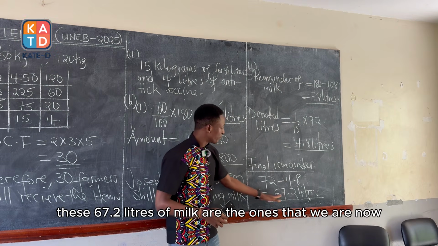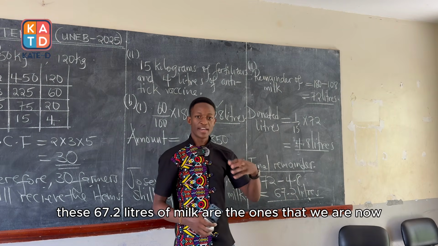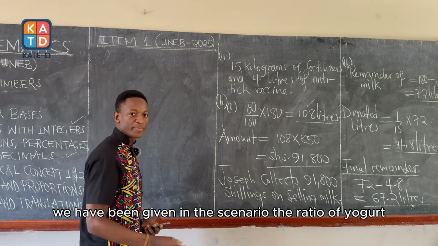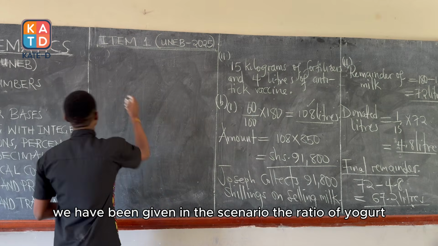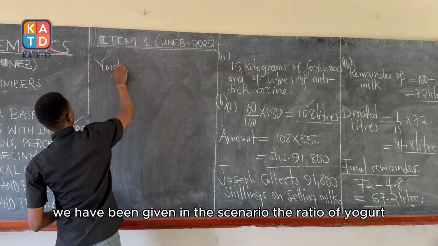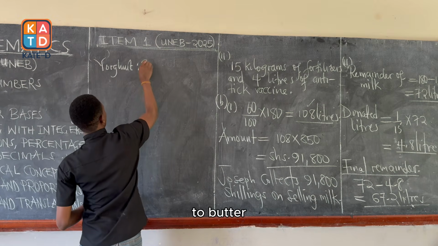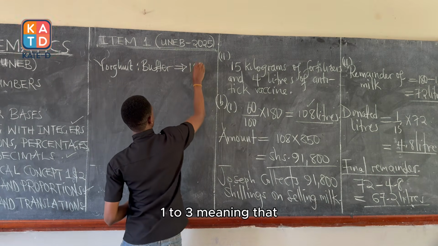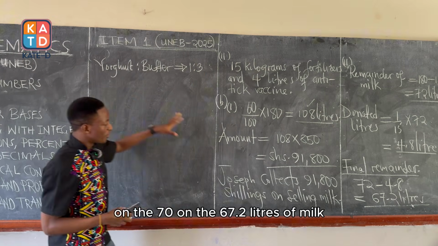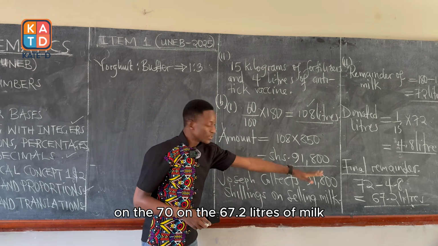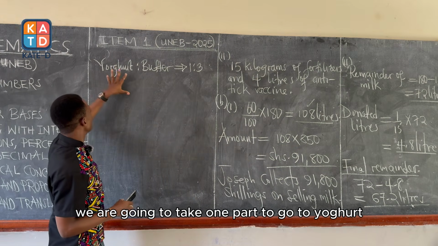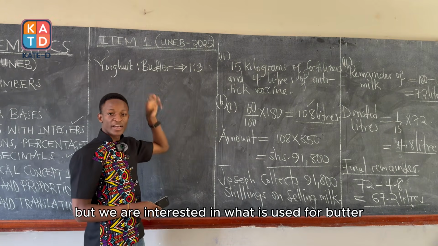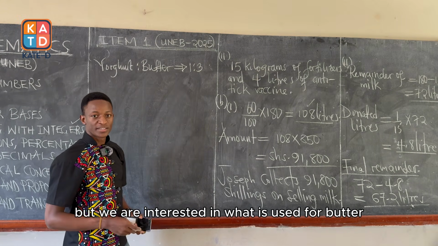So these 67.2 liters of milk are the ones that were now used to make yogurt and butter. So we have been given in the scenario the ratio of yogurt to butter as 1 to 3, meaning that on the 67.2 liters of milk, we are going to take 1 part to go to yogurt and 3 parts to go to butter.